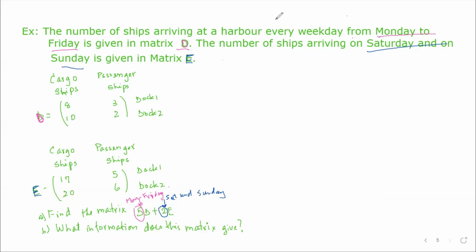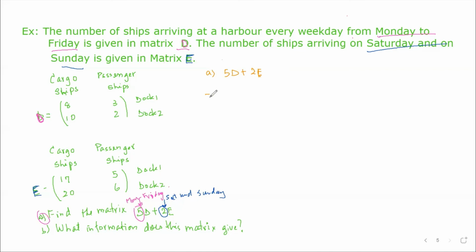So not too hard, right? So A, how to do? I get another color here. So we're going to do question A, right? You just write down 5D plus 2E. Now you write out the matrix pattern, correct?